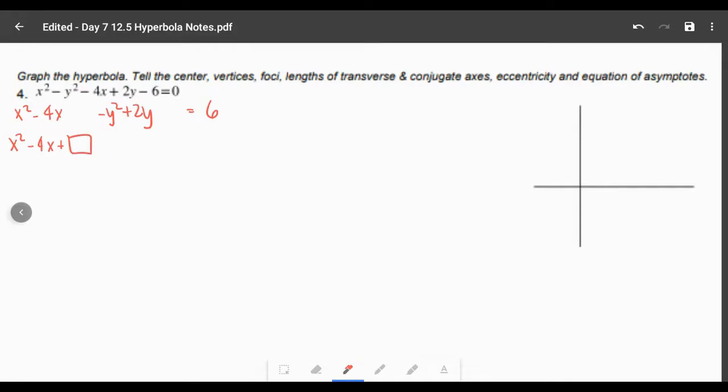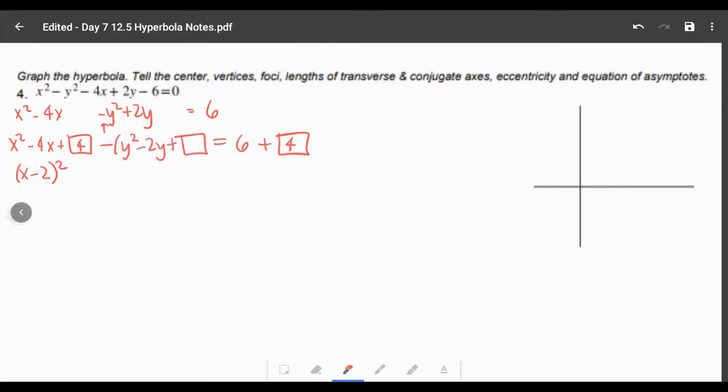And so that something would be 4. And if we added 4 to the left side, we have to add 4 to the right side, and we know that this will factor into x minus 2 squared. The thing that's a little tricky with the right side is that we have to factor out that negative sign first, which means that this is going to become y squared minus 2y. So just be careful with that y term.